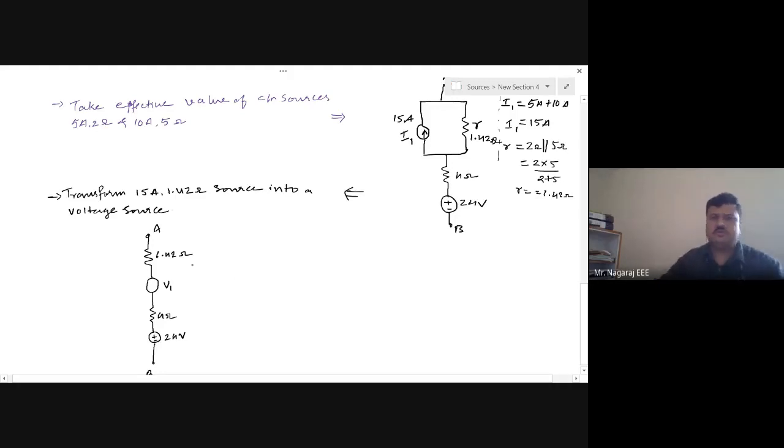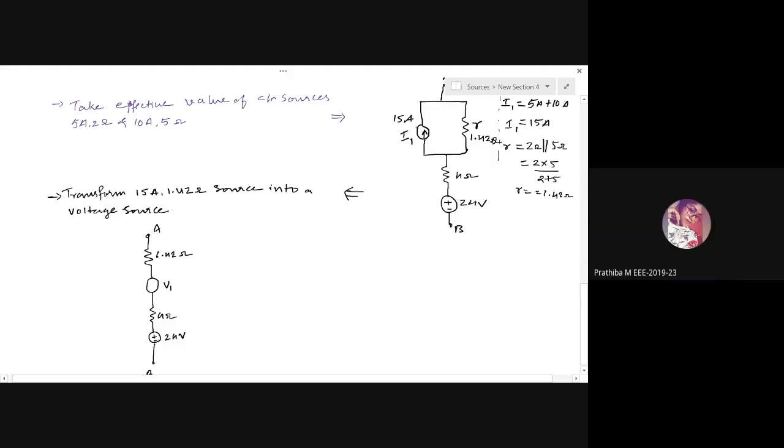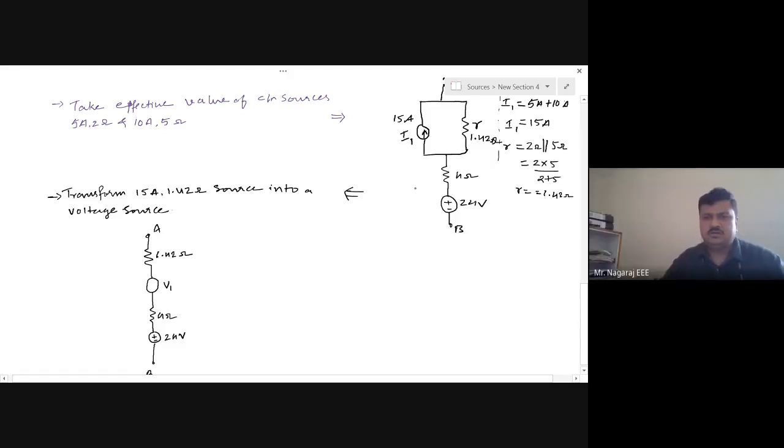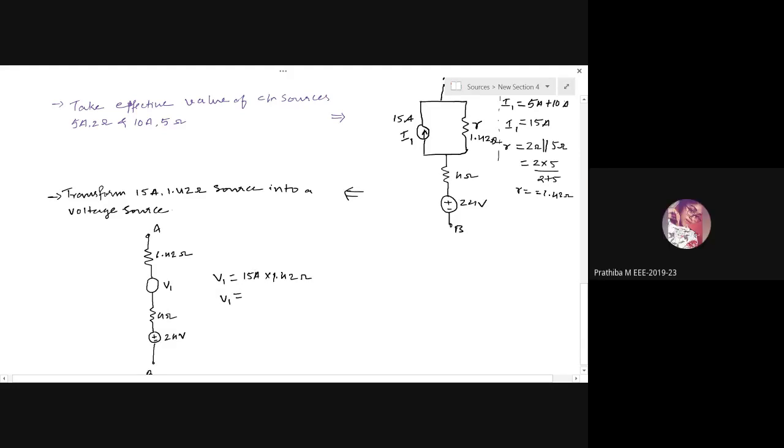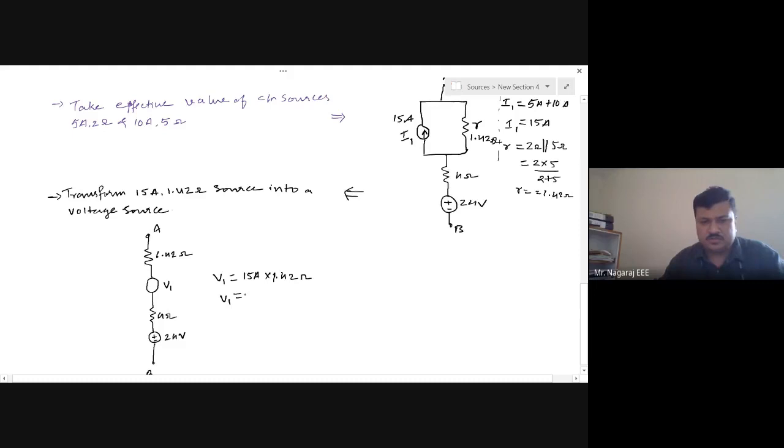So what is V1? Simply the multiplication of this 15 amps and this 1.42 ohms. So V1 is equal to 15 amps into 1.42 ohms. So this comes out to be, yeah, how much? 21 volts.